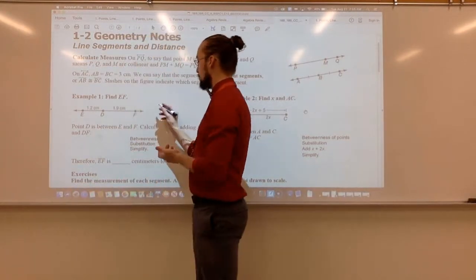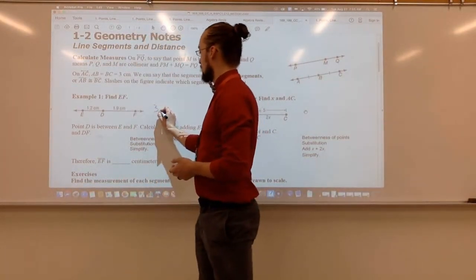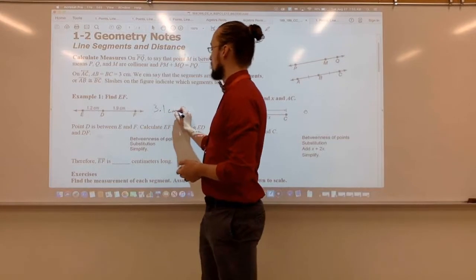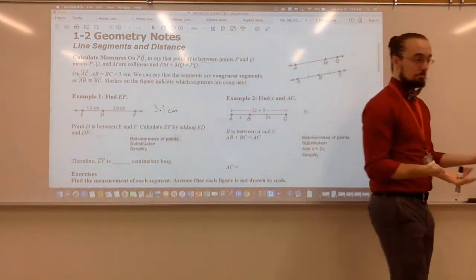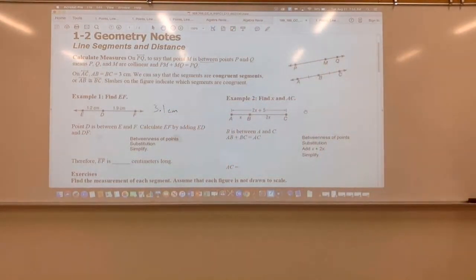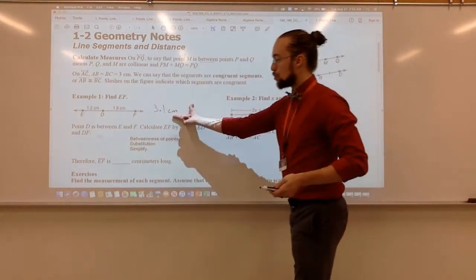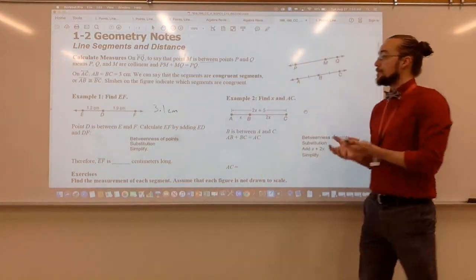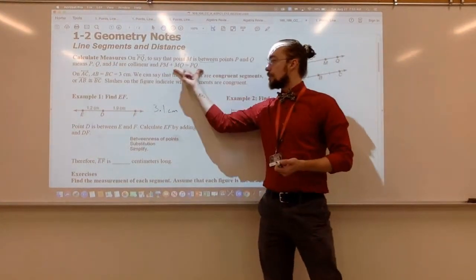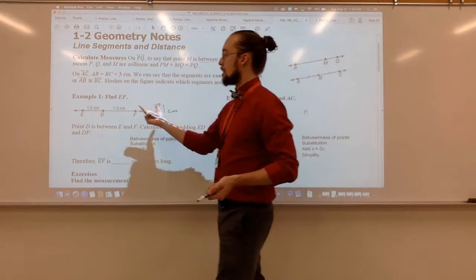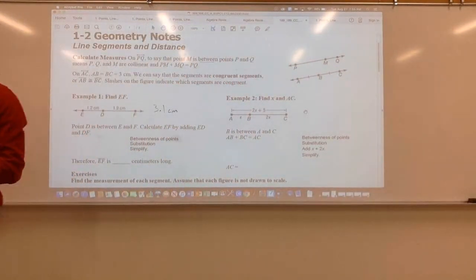If you're not sure, you can use your calculators. Make sure we label our answer: 3.1 centimeters. Now, we could do that one in our head, but technically what we did is set up this equation: ED plus DF equals EF, and then we substituted our known values in.